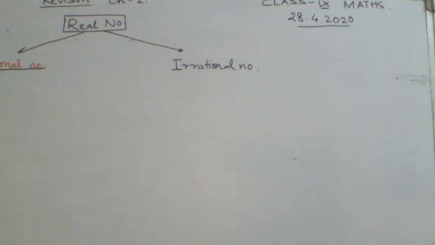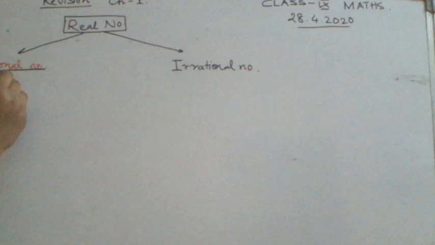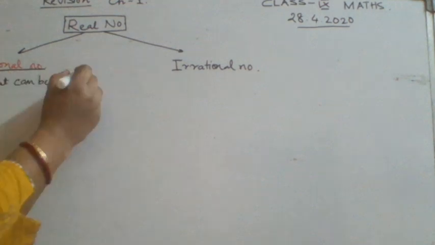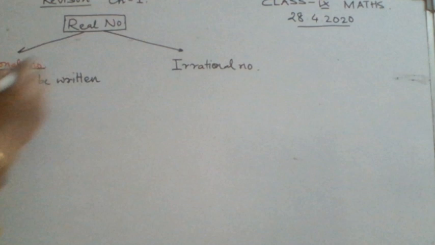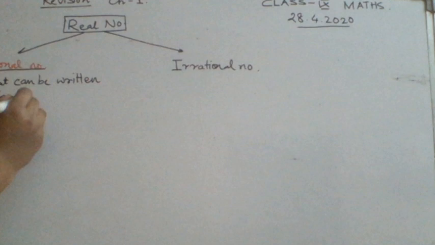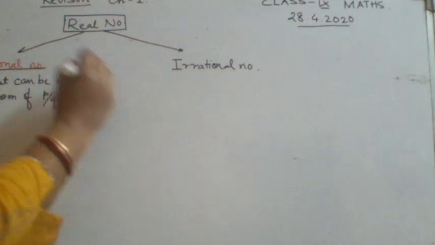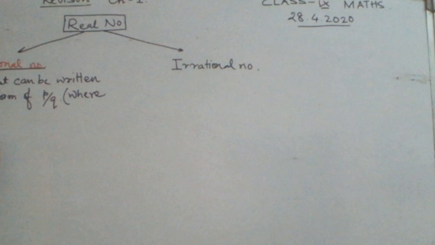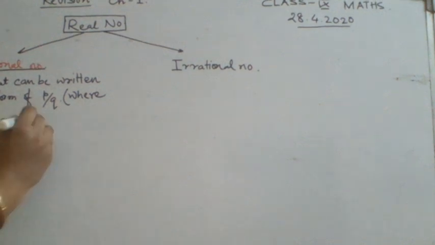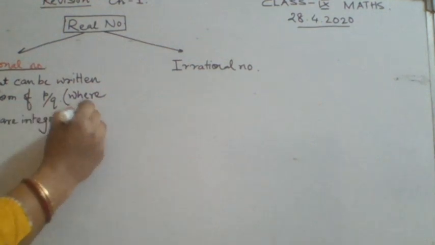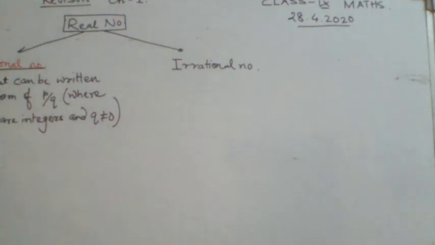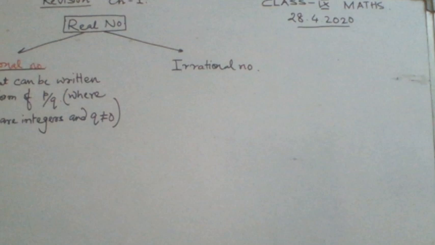A number that can be written in the form of p by q, where p and q are integers and q is not equal to 0. This you have studied so far about rational numbers.